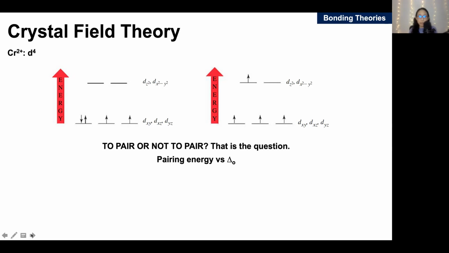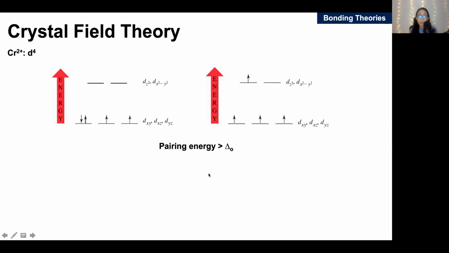So the first scenario, class, if the pairing energy is greater than your crystal field splitting, this means that the 4th electron will prefer a position in the higher energy orbital, because the energy difference is smaller than the energy needed to pair your 4th electron with the 1st electron.